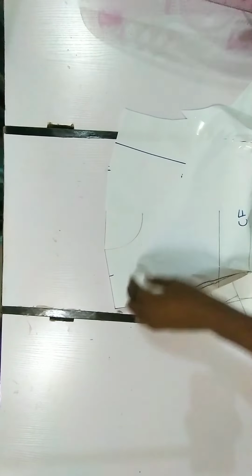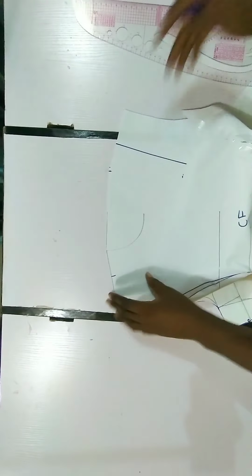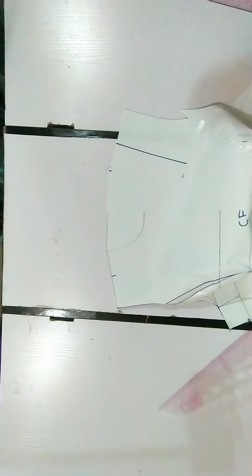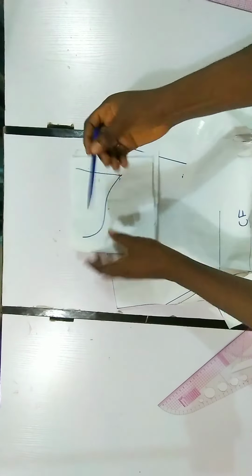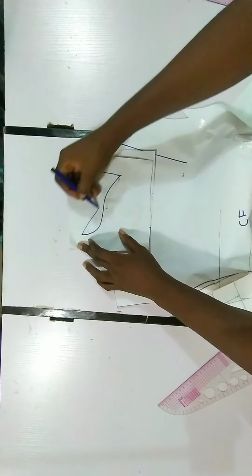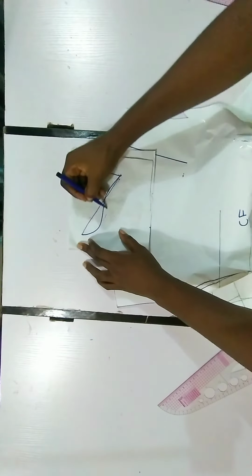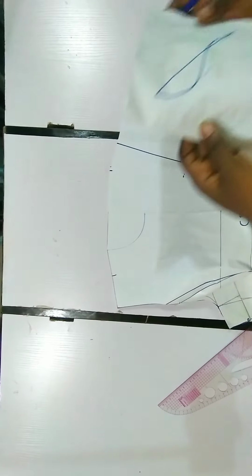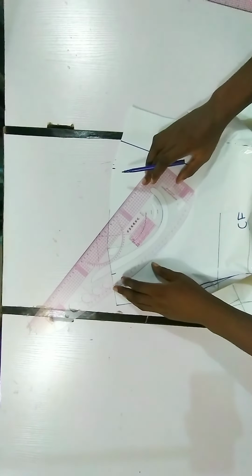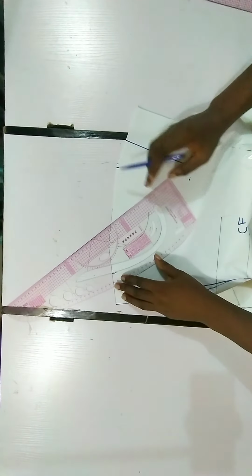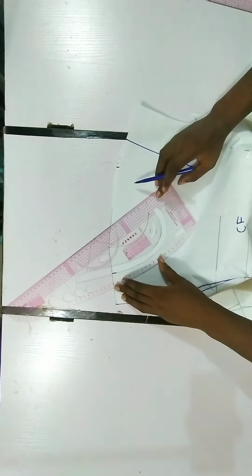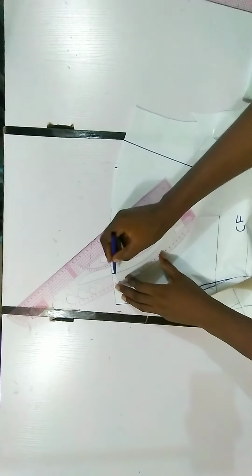Next, we are going to connect this side to that part, and if you look, you are going to see that it did not come straight. It did not come straight like this. It has a little bit of curve, then curve again. So we are going to try to achieve exactly what we are seeing there. Now I'm going to go in with the depth first. It goes in like this.